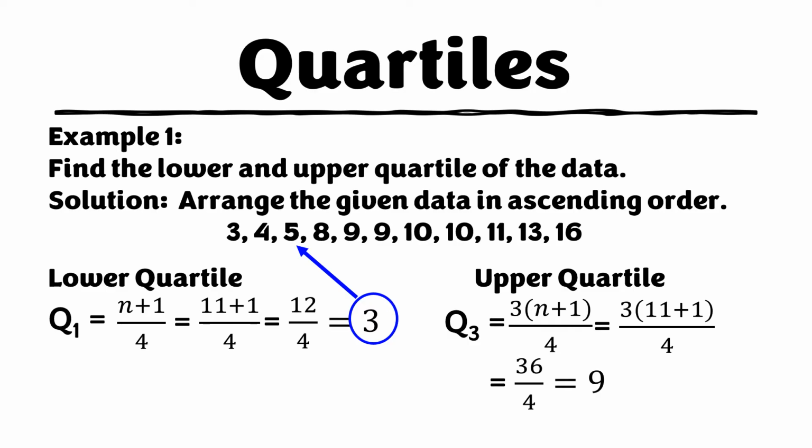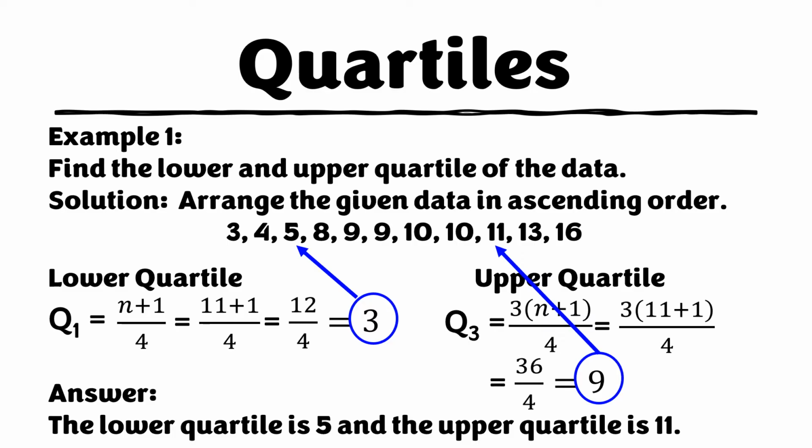And 36 divided by 4 is equal to 9. So, Q sub 3 is equal to 9. Therefore, the upper quartile of the given data is 11. 11 is in the 9th order of the given data. So, the answer now is the lower quartile is 5 and the upper quartile is 11.